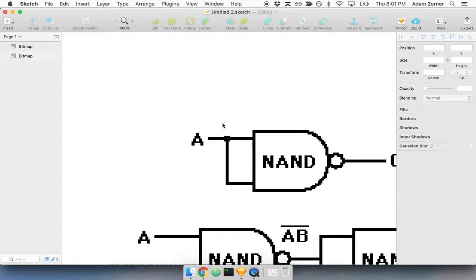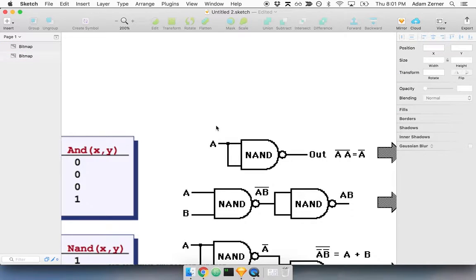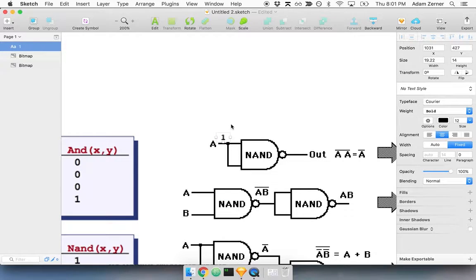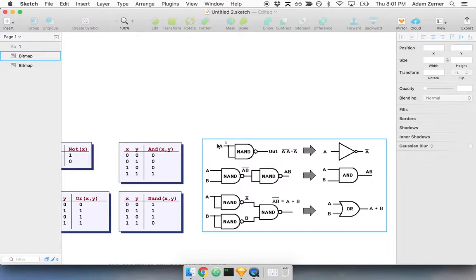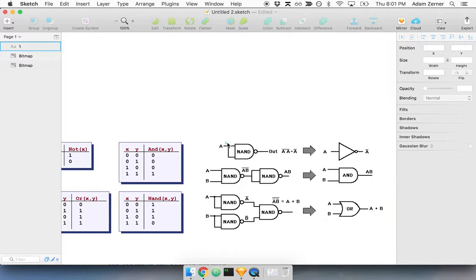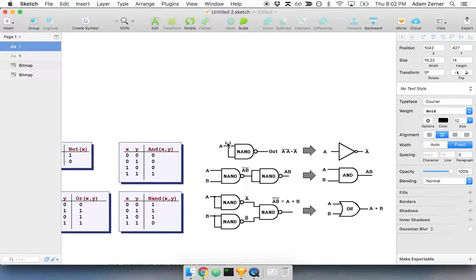Let's use a 1 to denote electricity flowing through this area. So it starts off, there's electricity flowing through here, and it ends up being forked up and down. So there ends up being electricity over here and electricity down here.